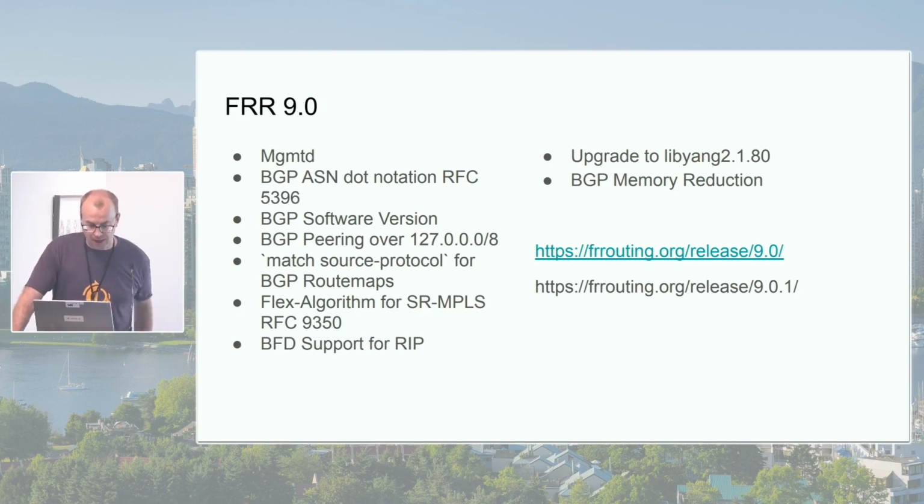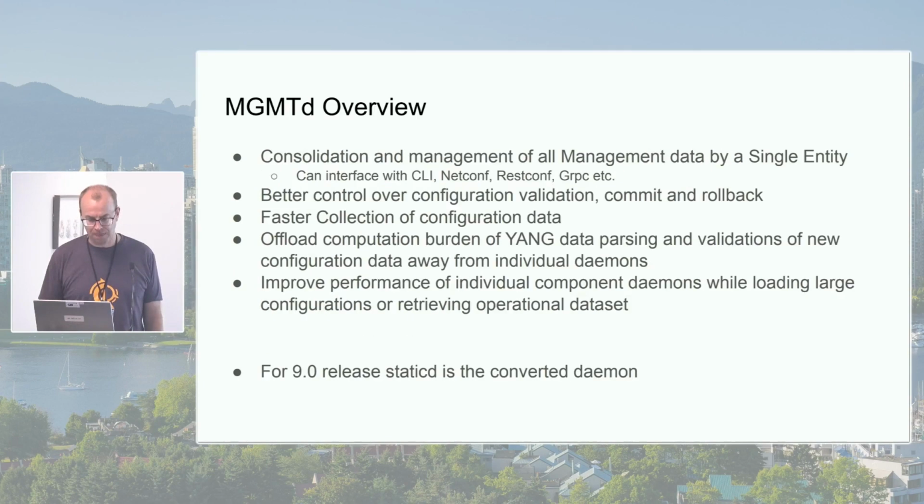The other big thing that came out with FRR 9.0 was the addition of mgmtd. So the goal of mgmtd was to consolidate the CLI and configuration and operational data into a single management daemon. It gives you better control over configuration validation.